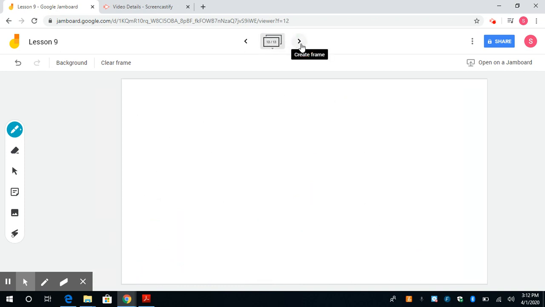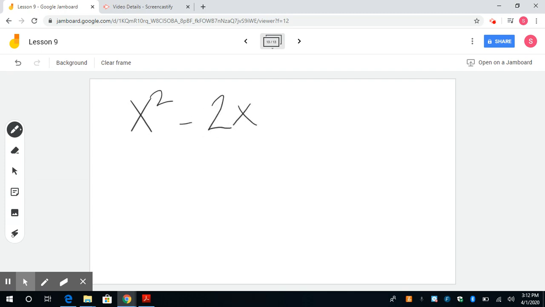So that is that one, and I'll do one more. So I have x² - 2x - 15. Okay, right, I'm telling you to complete the square. This is not a perfect square.